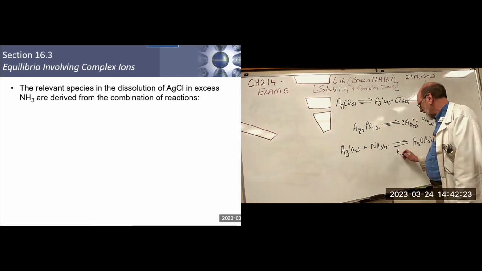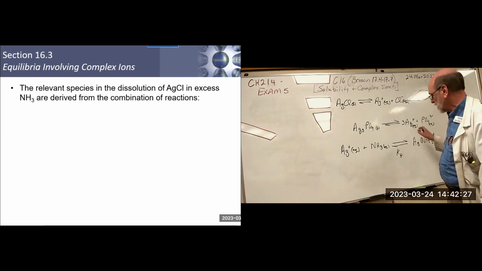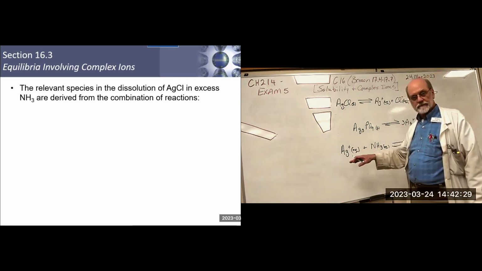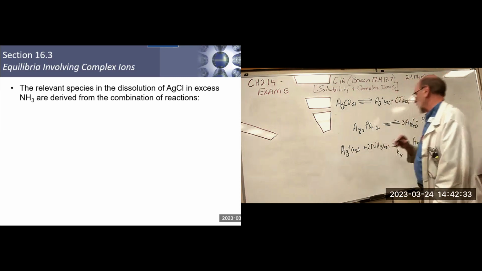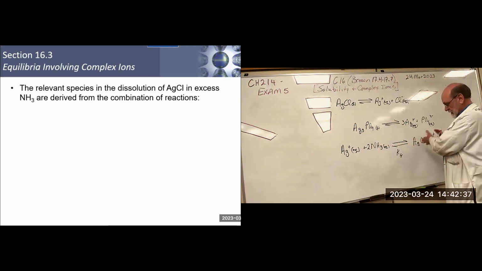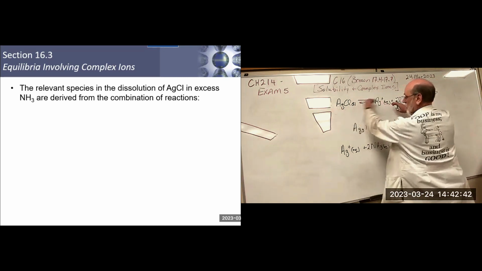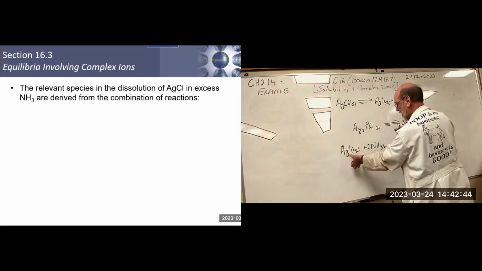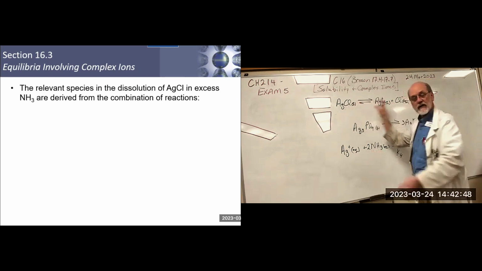We want to know what the Kf is, the formation constant. So it would be this one divided by this one times that one. I need two of these. There we go. If we can form this ion, then we can drive this reaction to the right. We can remove that silver from the solution, and it will drive the equilibrium to the right.